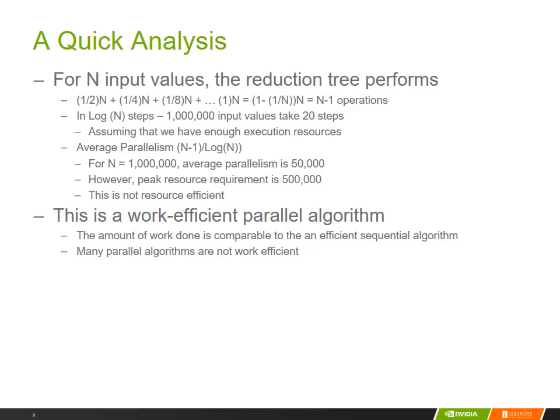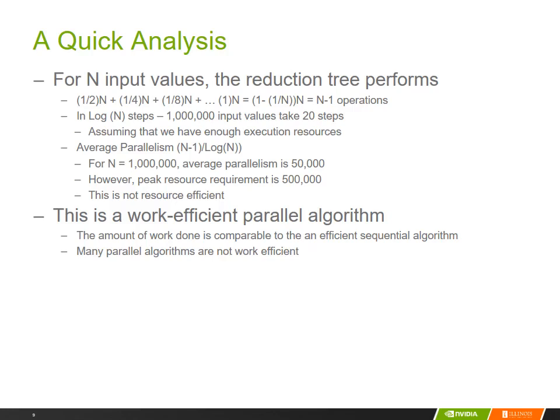Another important analysis of the algorithm is the work efficiency. We say that this is a work efficient parallel algorithm because the total amount of work done for the data set is comparable to an efficient sequential algorithm. Remember, in the sequential algorithm, we have order n, and here the total number of operations we do throughout the computation is also order n.